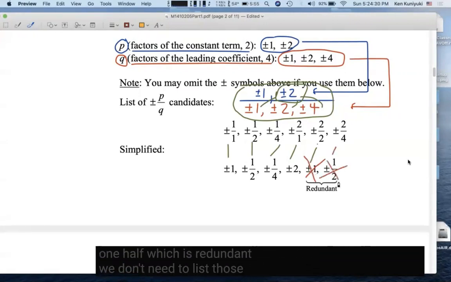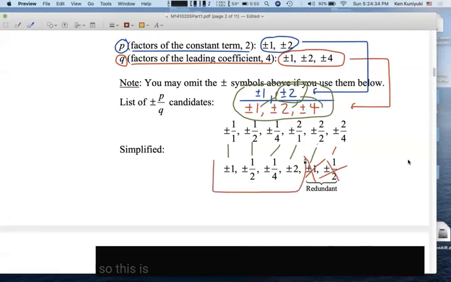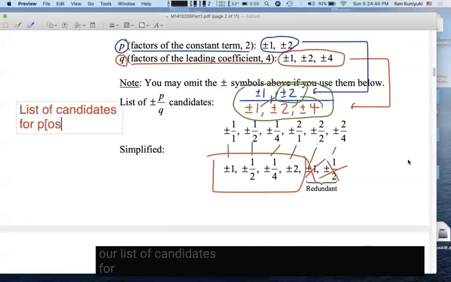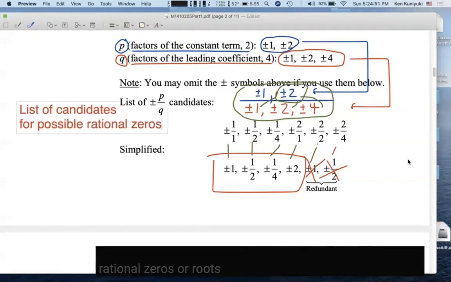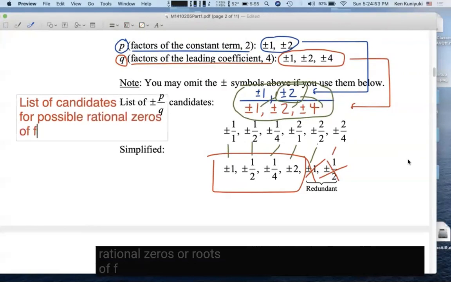We don't need to list those again. So this is our list of candidates for possible rational zeros or roots of f.